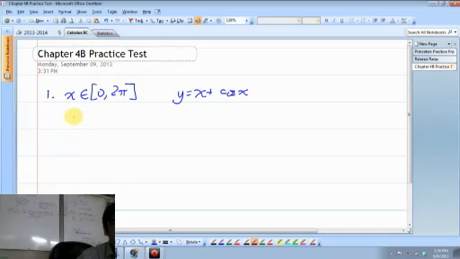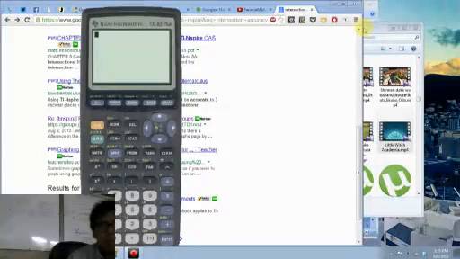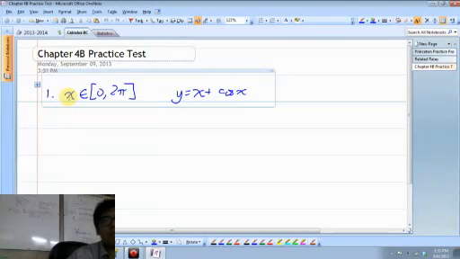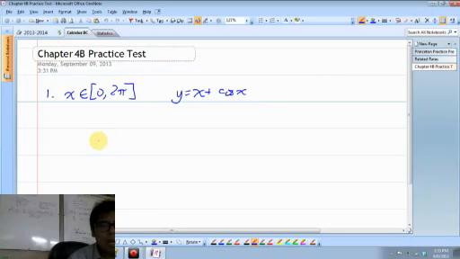So dy/dx is 1 plus, oh no, it's 1 minus sine x.